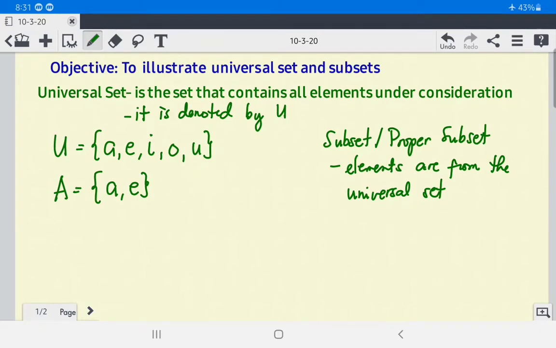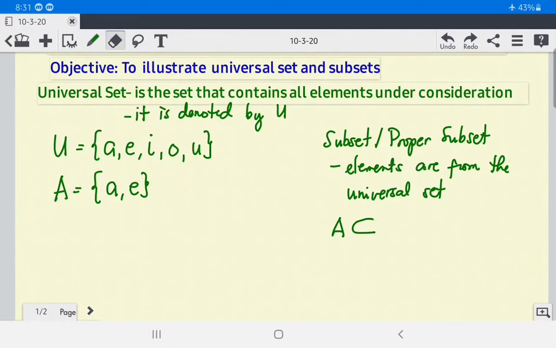So in symbol here, set A is a proper... Later on I'm going to tell you the difference between subset and proper. So A is a proper subset of U.